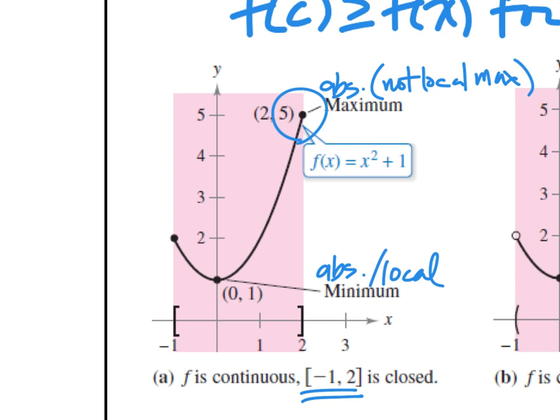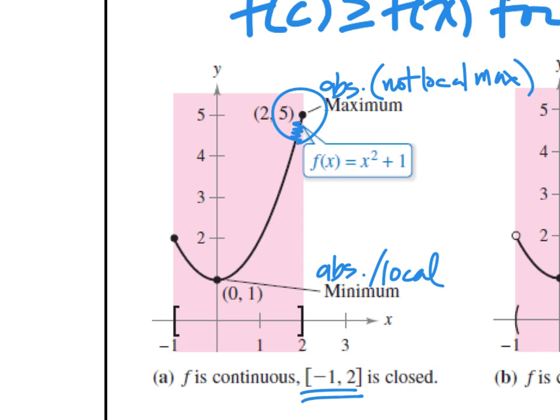Endpoints cannot be local. And why is that? Because there's nothing to compare to except for itself. You have to compare to neighboring values. The only neighbor is on the left of it. There's nothing on the right. So because it has nothing to compare to on the right, it cannot be a relative maximum.